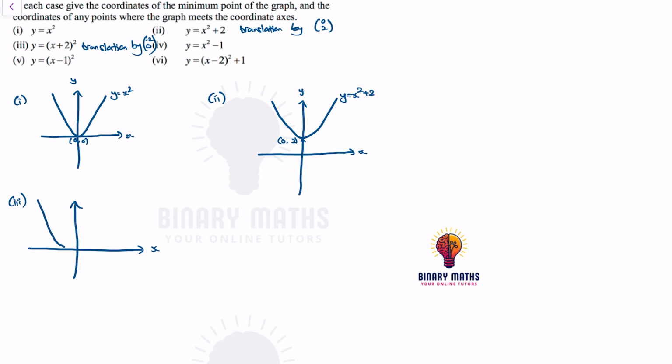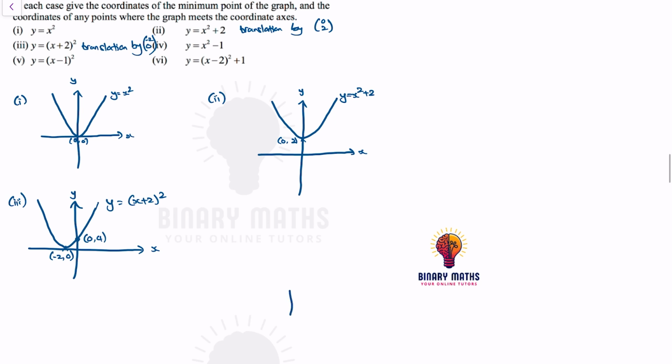It doesn't matter because it's not to scale as long as you label it right. So this is going to be now minus 2, 0. Y is equal to x plus 2 squared. The only thing I need to do is label this point. This point is 0 plus 2 all squared, which is just 4. So it's going to be 0, 4.